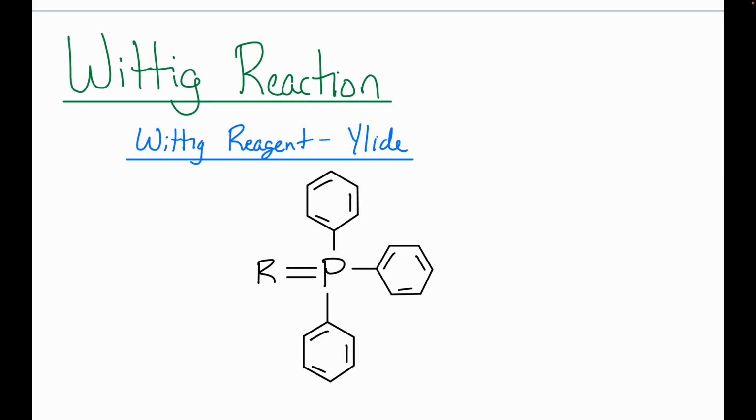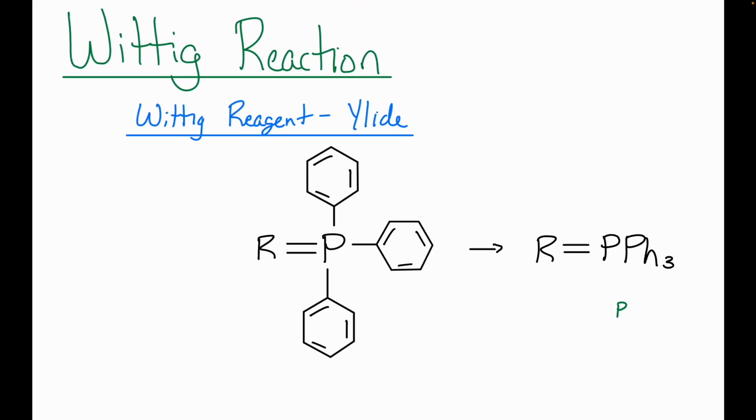And they're kind of a pain in the butt to draw. So instead, you'll typically see them as R, whatever that alkyl chain is, PPh3, right? And that Ph stands for those 3 phenyl rings. You don't have to, but you will because of the program.